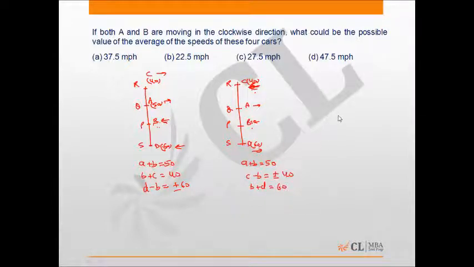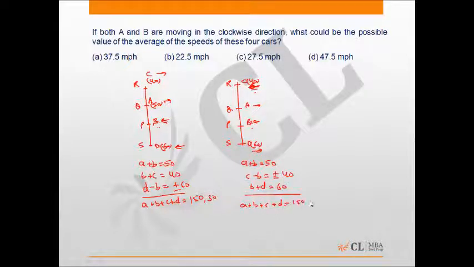We need to find the value of A plus B plus C plus D upon 4. So if I add these values here, B will be cancelled out, and you will get A plus B plus C plus D. If you take the plus sign, it will be 150. If you take the minus sign, it will give you 30. In this case, A plus B plus C plus D, if you take the plus sign, it will be 150.